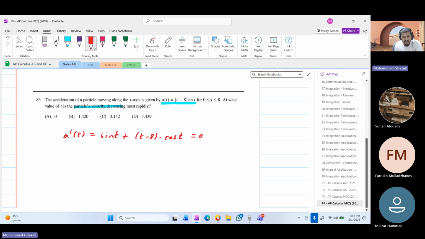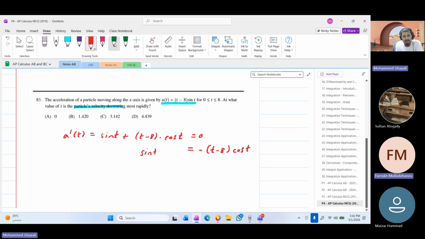So you can take this t minus 8 cos t over to the other side. So sine t is equal to negative t minus 8 cos t.